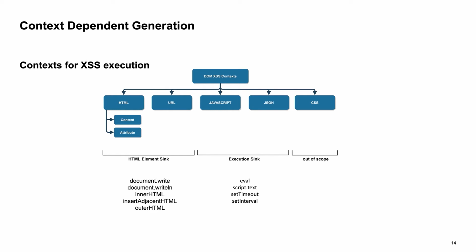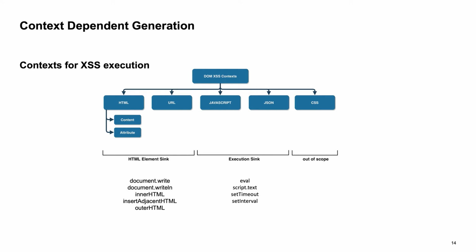The second context is the URL context, a special case of the HTML context where the input is injected into a URL attribute like the href or the source. These first two contexts are combined into one category called the HTML element sink.